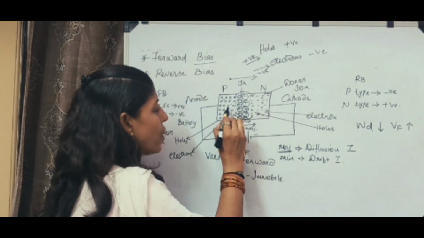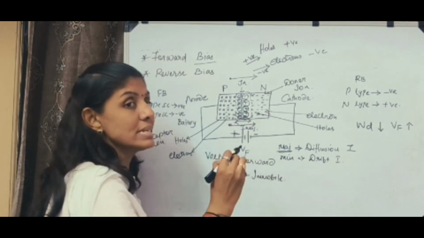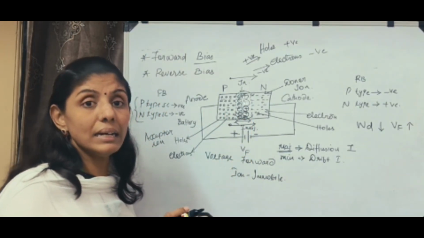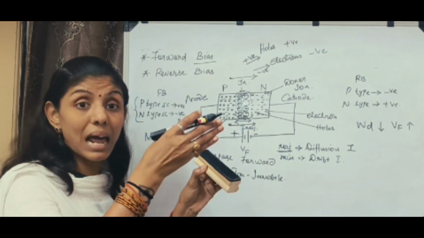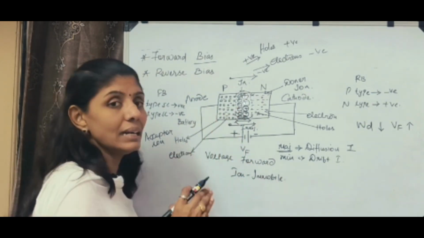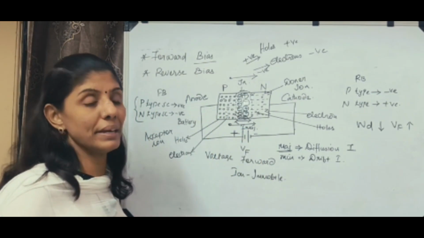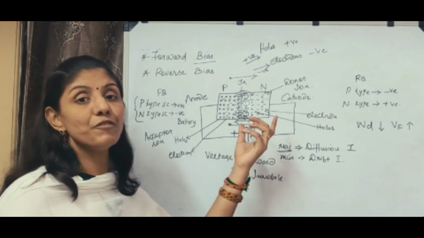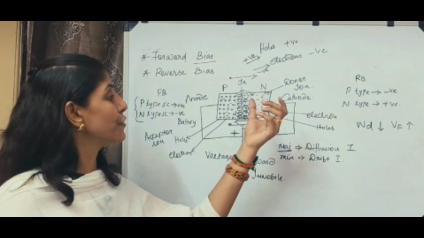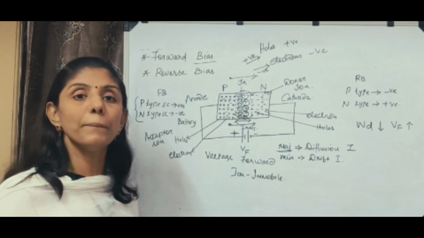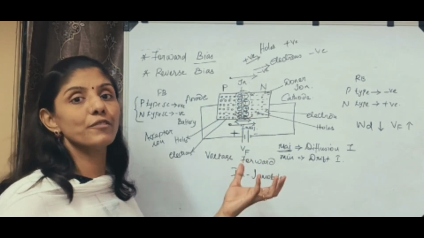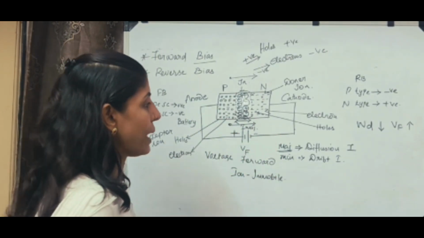All the holes or the electrons will be recombined with the available ions near the junction, and after some particular time period there will be a flood of electrons from the N type towards the P type.